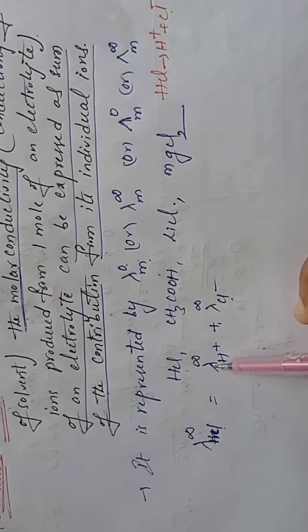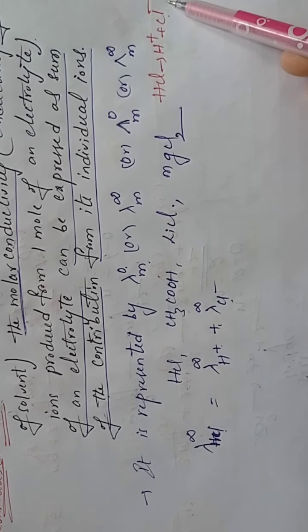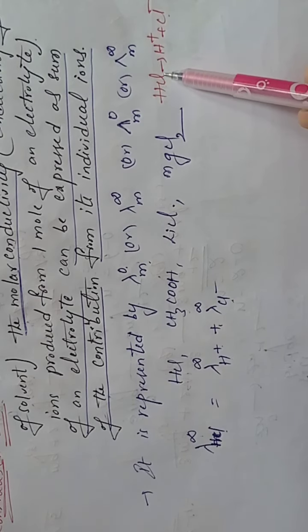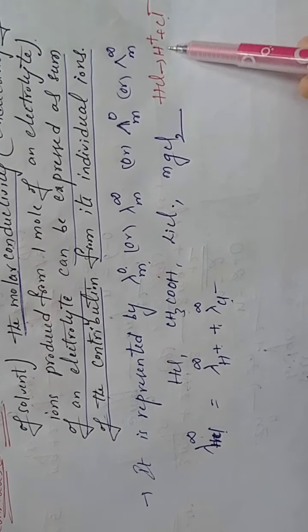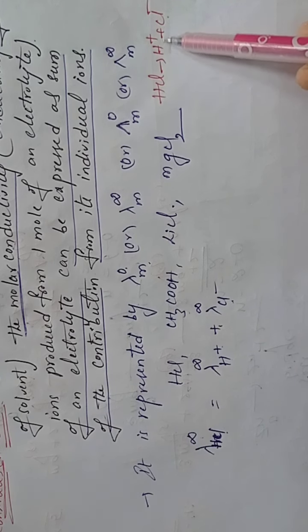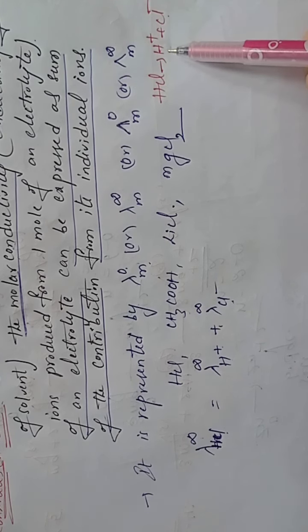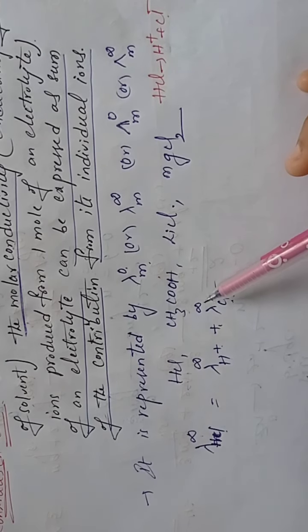HCl is dissociated into H plus and Cl minus. So that is lambda H plus infinity plus lambda Cl minus infinity. Are you following? Like this you have to write.